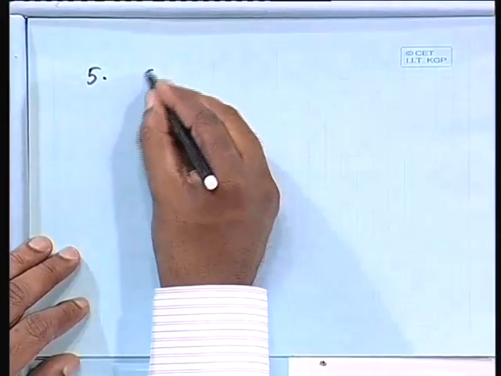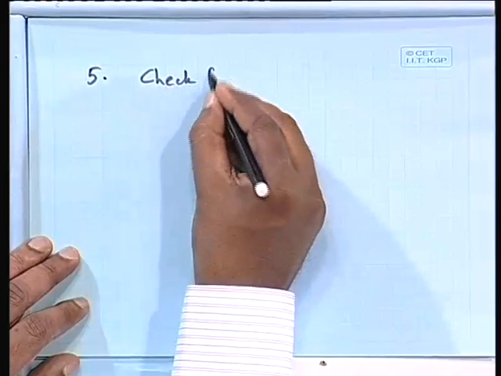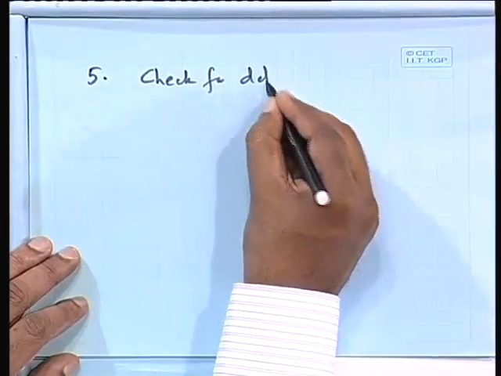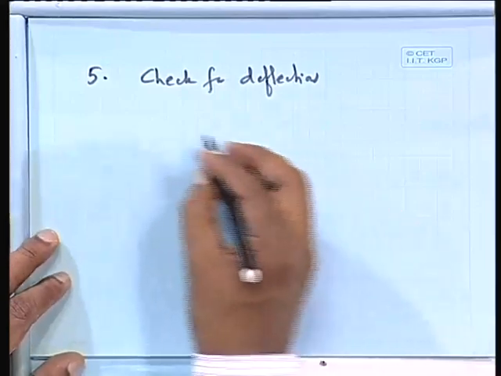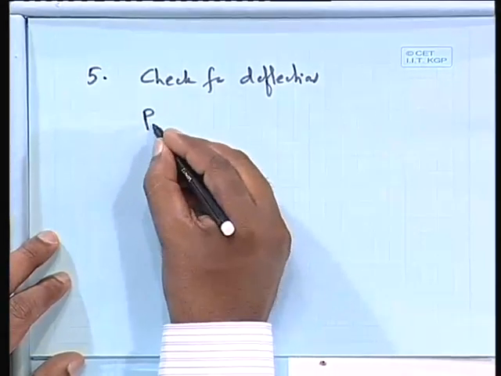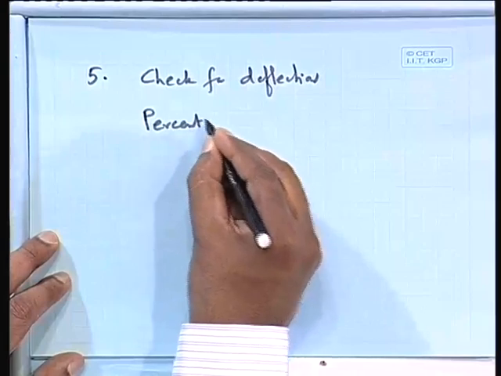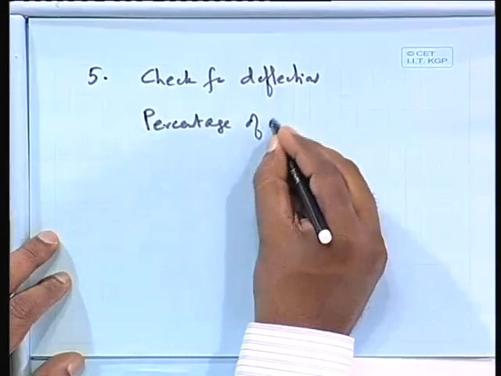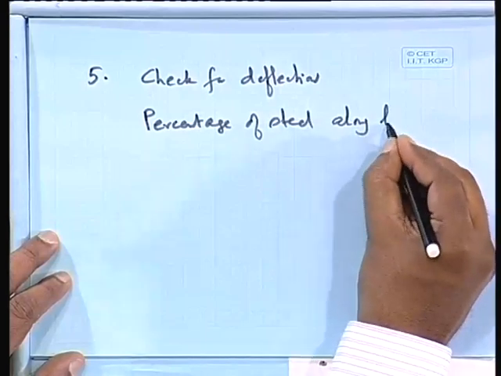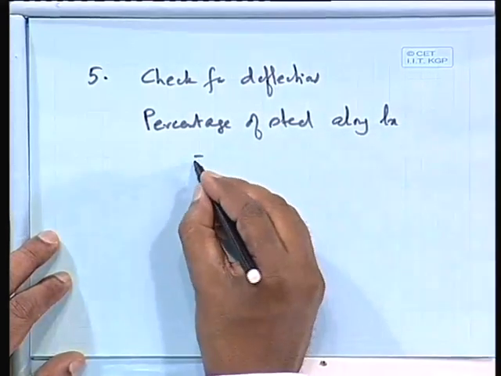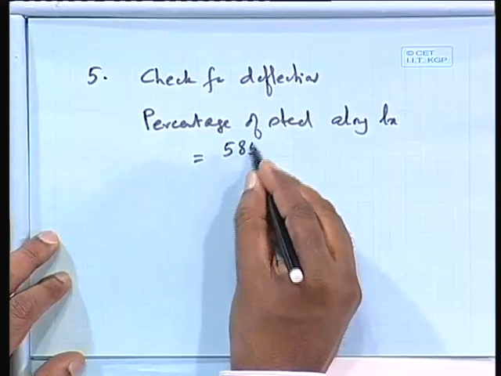Now the next part is the check for deflection. Percentage of steel along LX equal to which one shall we take?